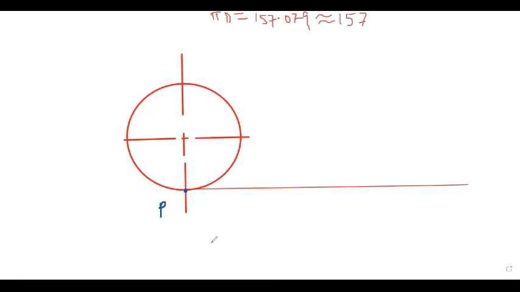Okay. First, we divide the circle into 12 equal parts. Now, the total angle of the circle is 360 degrees. So if we divide it into 12 equal parts, each angle will be 30 degrees. So here we draw a line at 30 degrees. Here also draw a line at 30 degrees.